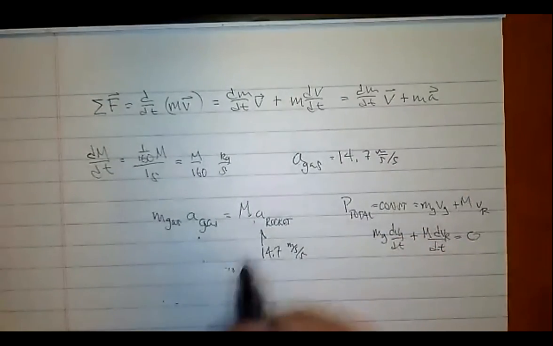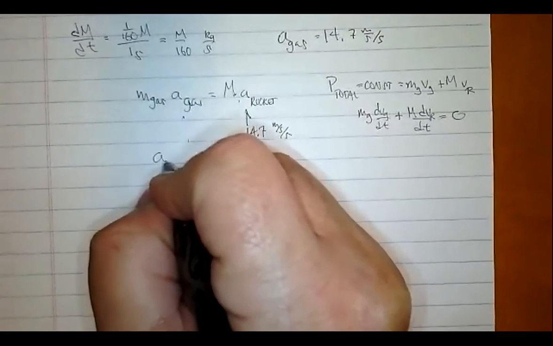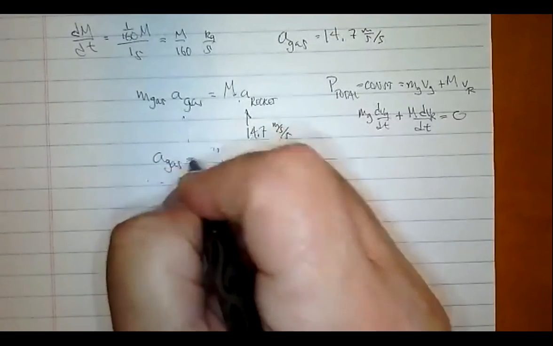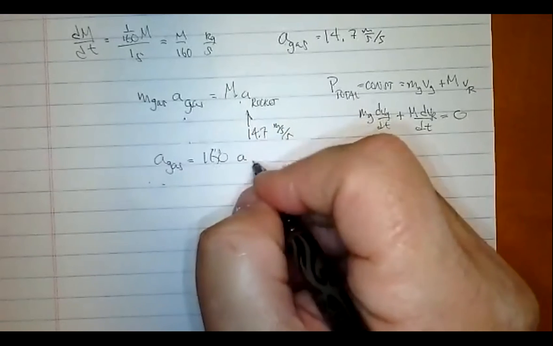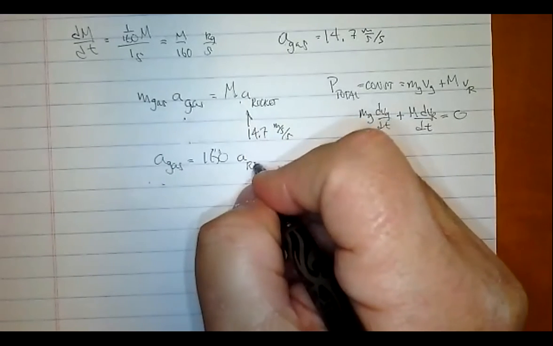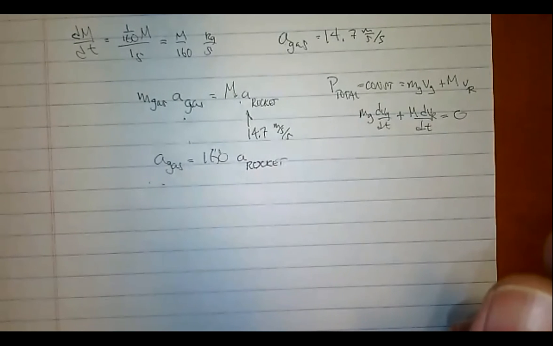So yeah, you would expect, and rightfully, you could write A gas is equal to 160 times A rocket. Yeah, it would just be 160 times 14.7.